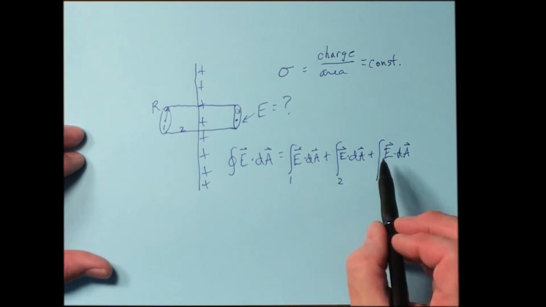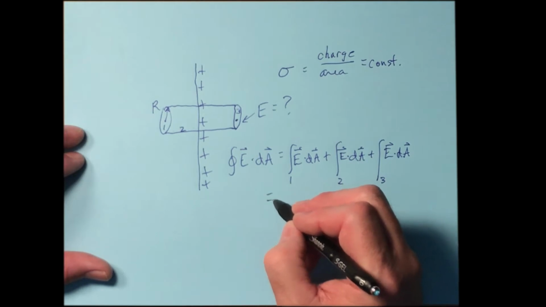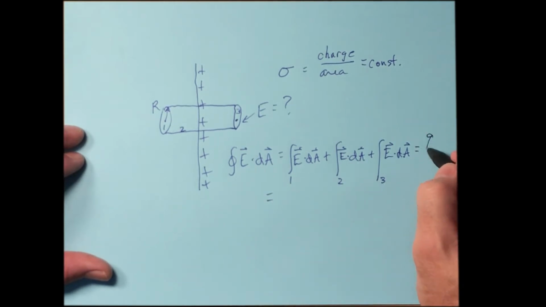Now let's do each one of these areas individually. And all of that is Q enclosed divided by epsilon naught.